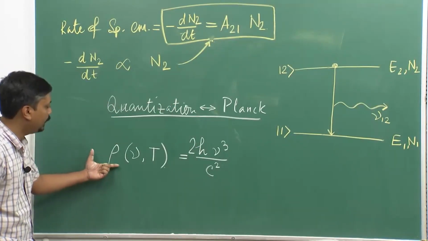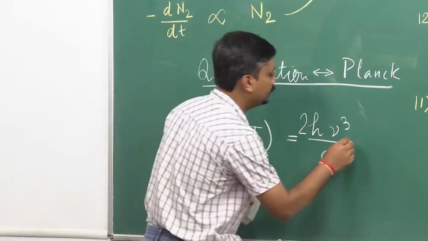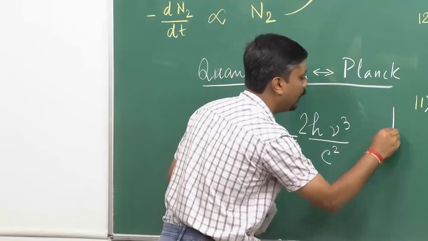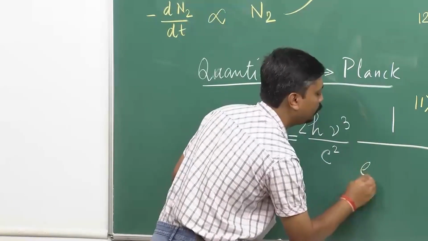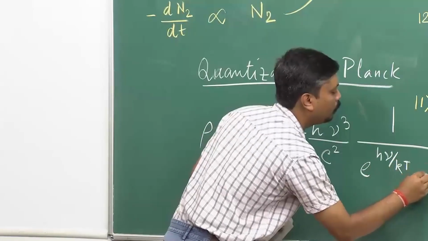Planck gave this formulation where rho is equal to 2h nu cube over c square multiplied by this quantity.